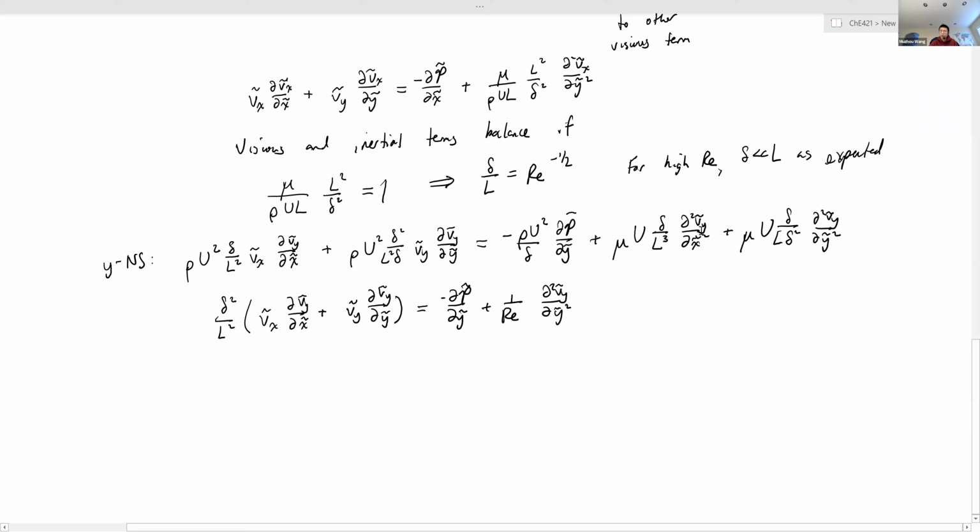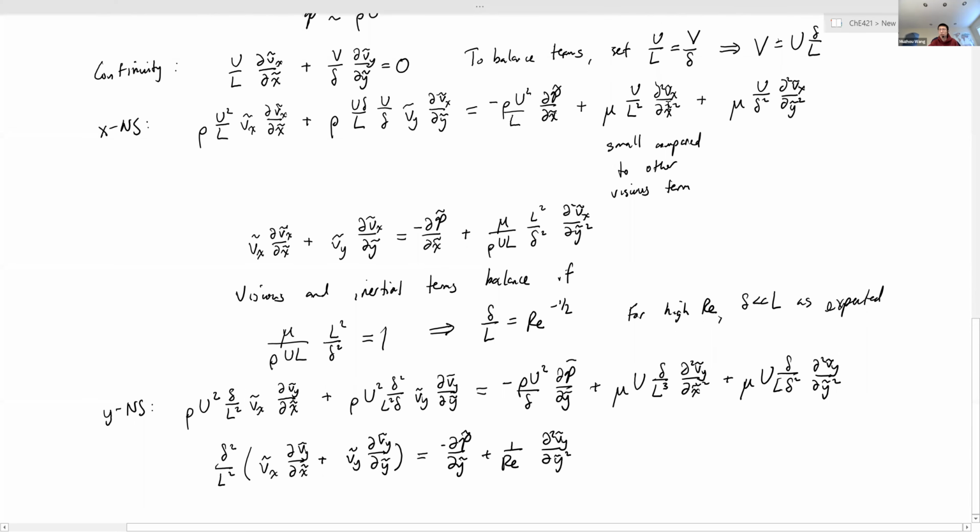And I'm eliminating one of these terms, this particular term, because that doesn't really matter, by the same argument as what we had up here.